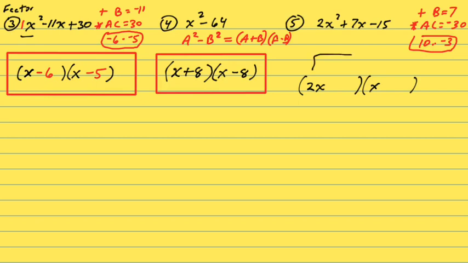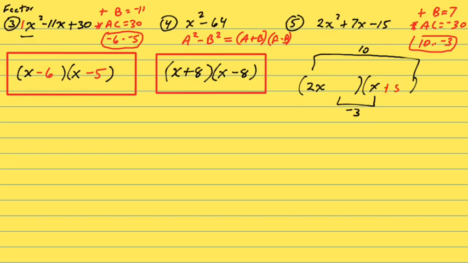Now I connect my outsides and I connect my insides. This number 2 goes into the 10, so I put it up there and the -3 here. 2 times what is 10? Well, that would be 2 times 5.